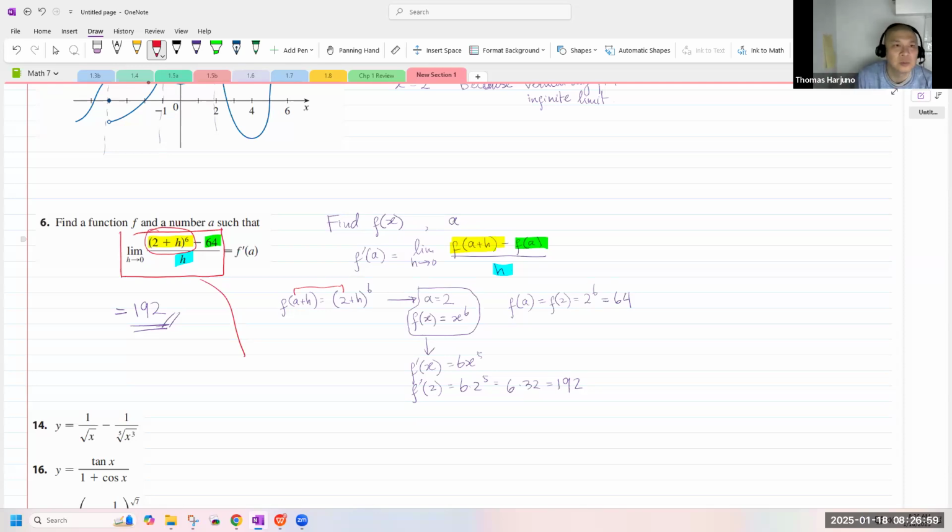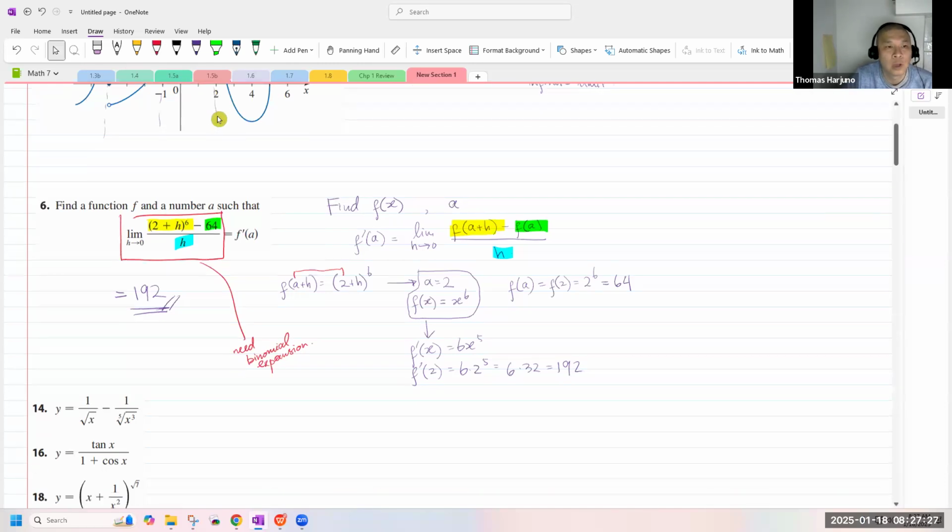The binomial expansion of 2 plus h to the 6 is actually a long one. I mean, 7 terms, but in between, the coefficient is kind of nasty. But since we are more advanced, we can step back and do the derivative using the formula.